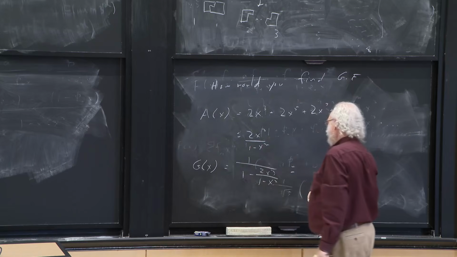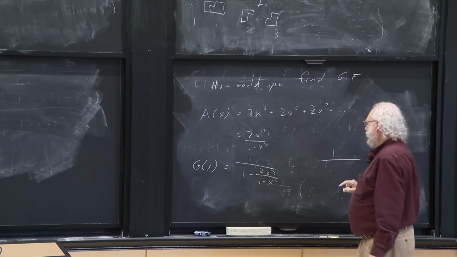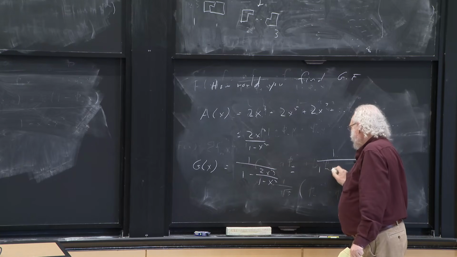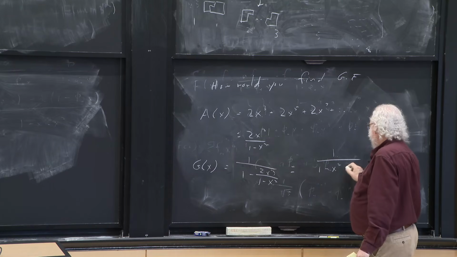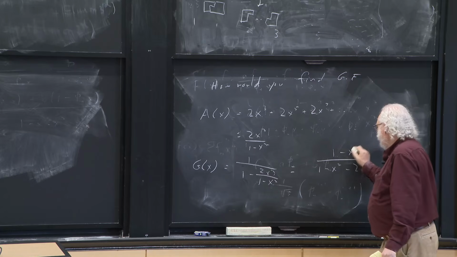So g of x is equal to 1 over 1 minus 2x cubed over 1 minus x squared, which is equal to 1 over, I want to say 1 minus x squared minus 2x cubed, and I'm going to put a 1 minus x squared on top.